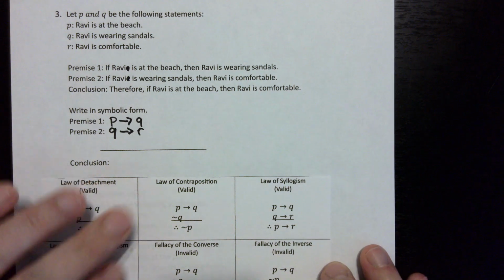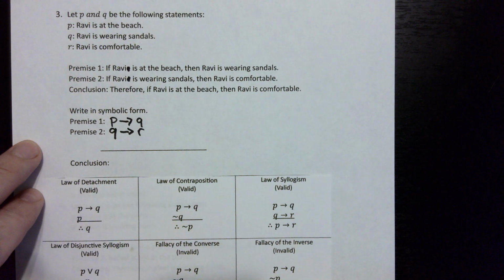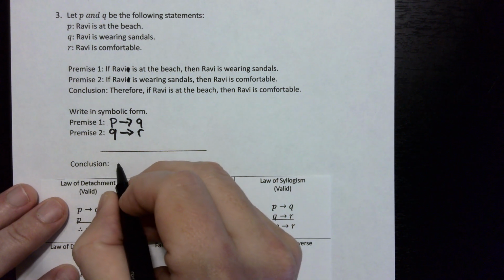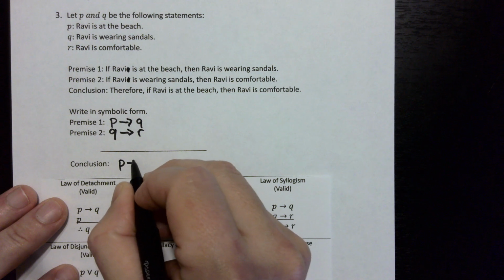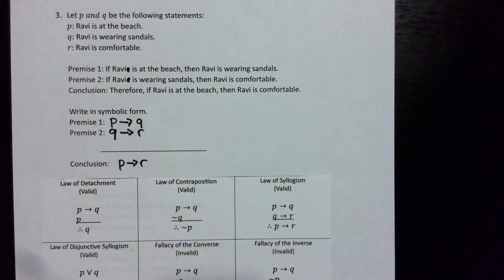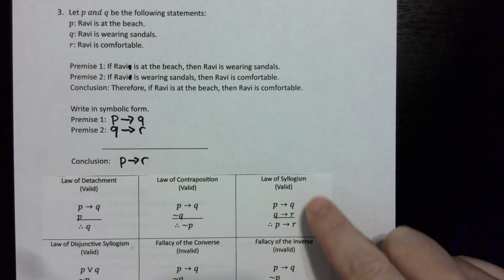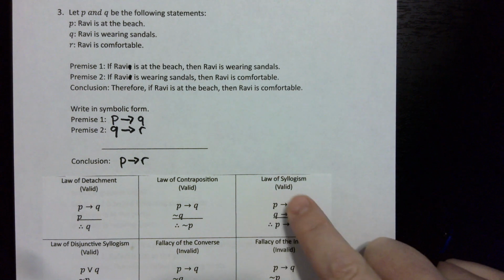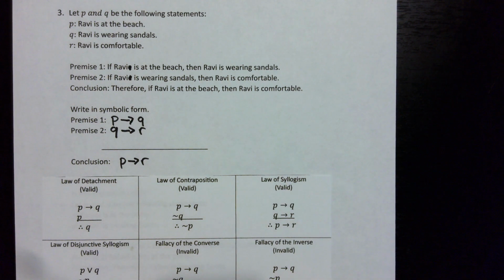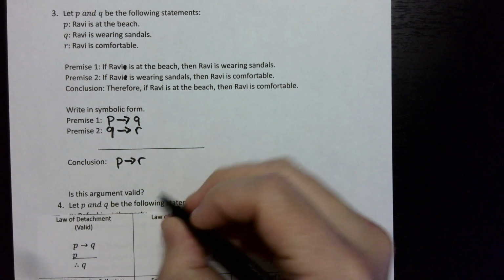So that would be P, then R. So that is the law of syllogism, right? If you go from one thing to the next and then from the second thing to the third, then the first thing goes to the third. So P and R, and that is valid.